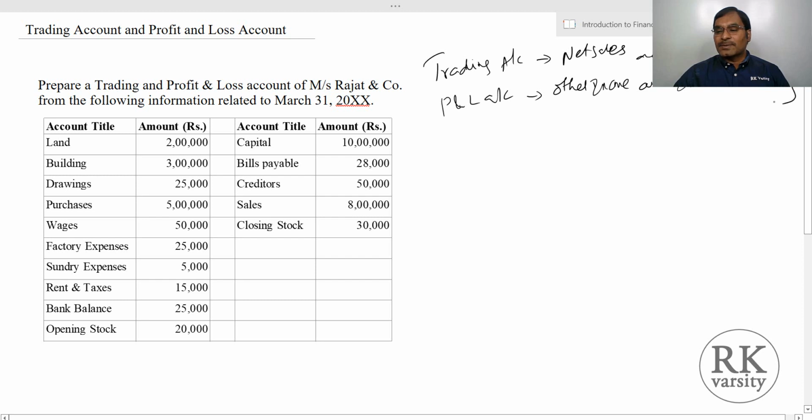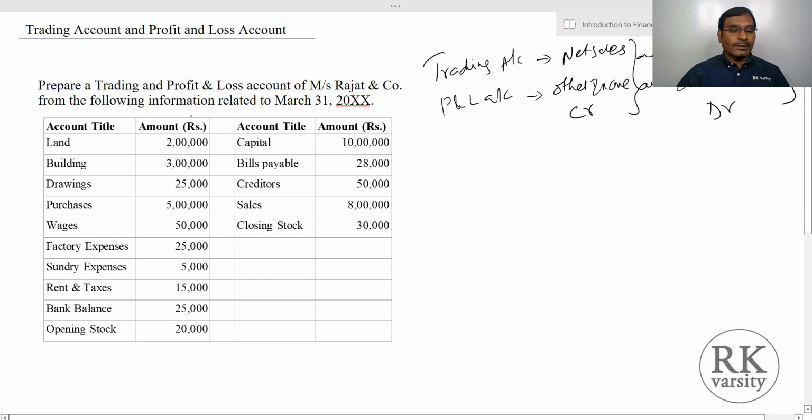Expenses are shown on the debit side of the account, whereas incomes are shown on the credit side. Whether it is a trading account or a profit and loss account, incomes are shown on the credit side, whereas expenses are shown on the debit side. The only difference is direct expenses go to the trading account, indirect expenses go to the profit and loss account.